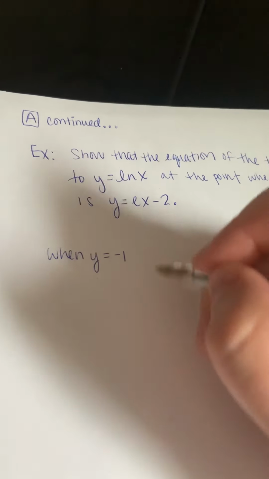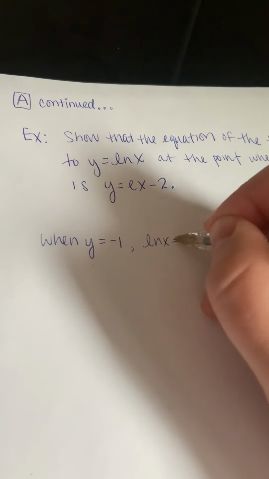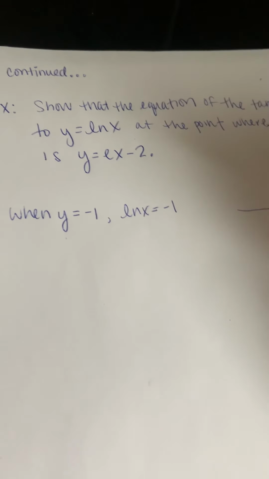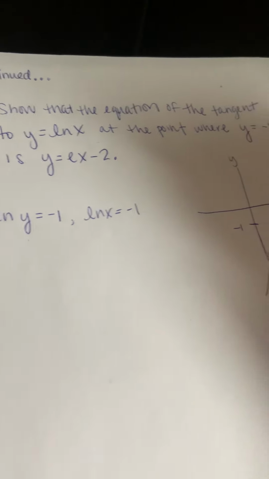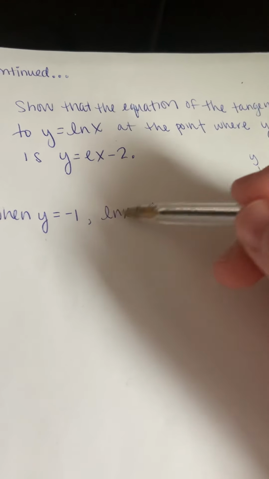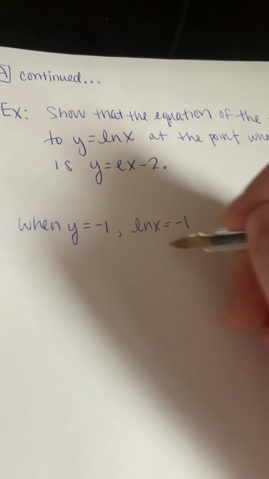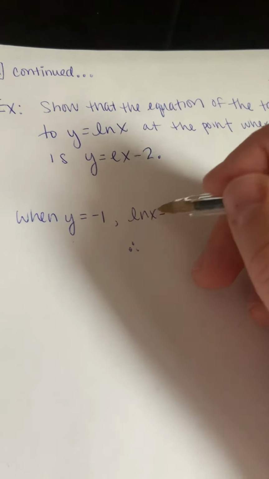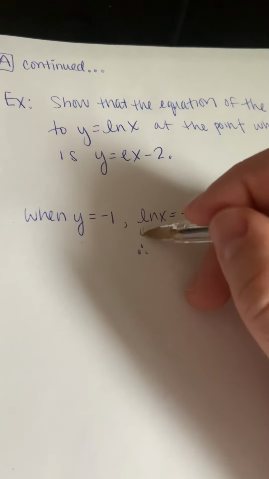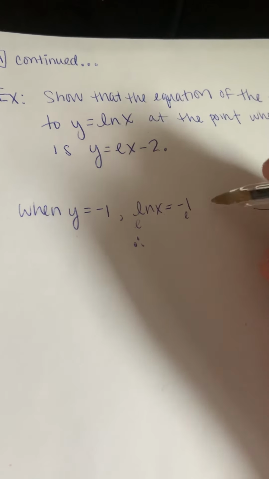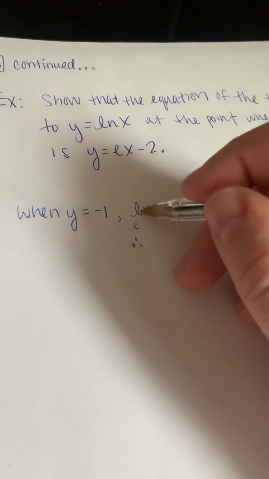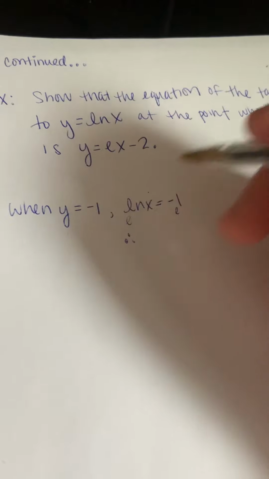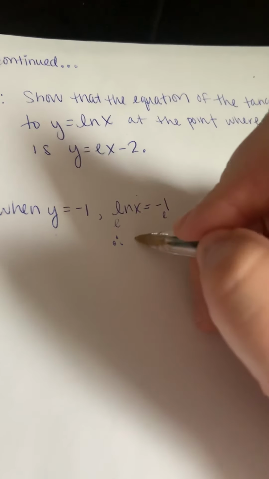So I'm going to have the natural log of x equals -1, which is a no-brainer. And if we were to solve for x, to get x alone, you would have to take e to both sides, so raise everything to the e power. So e to the ln is 1, so you're just left with x.